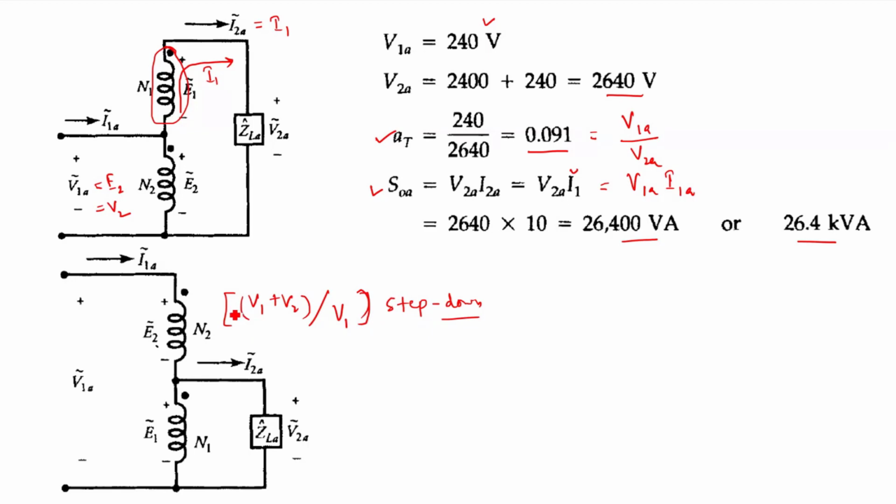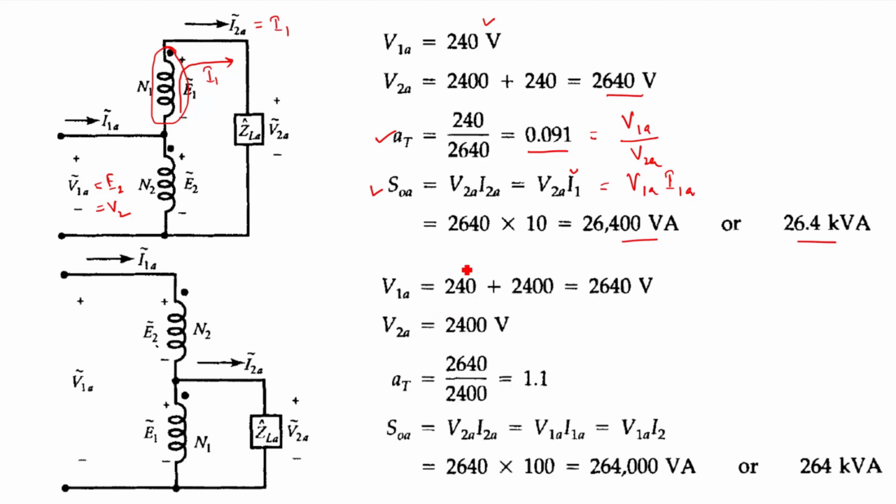Now your V1A will be equal to V1 plus V2, and V2A will be equal to V1. V1 is 2400, so V1A becomes 2640 and V2A becomes 2400. Now the transformation ratio V1A by V2A is 2640 by 2400. It will give me 1.1, right?